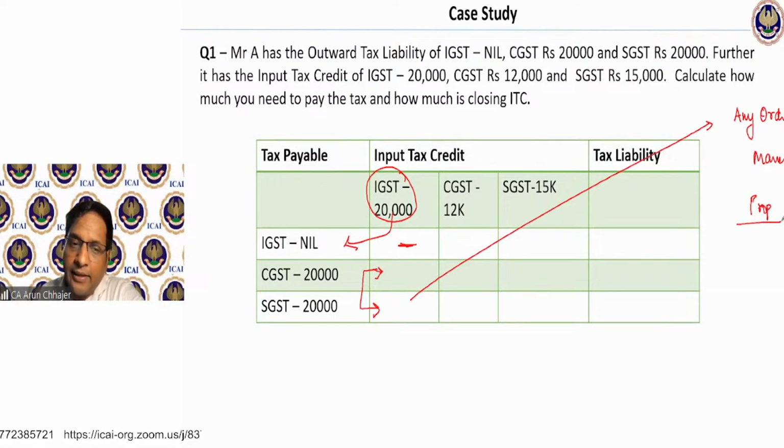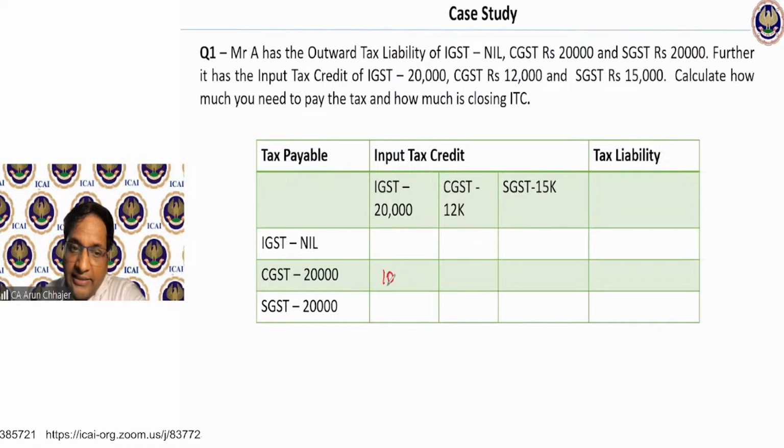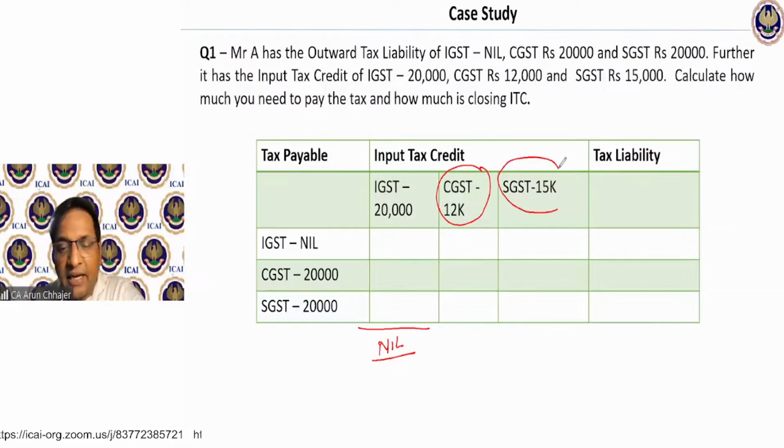What is the meaning? It means this 20,000 can be apportioned either 10-10, 20-0, 0-20, 15-5, 12-8, whatever you want, but the only condition is that the ITC of IGST should become 0. Then only you can use the CGST and SGST ITC towards its tax liability.